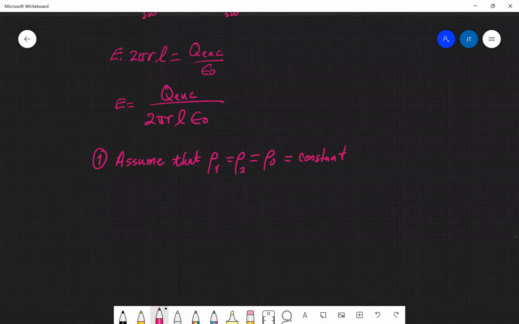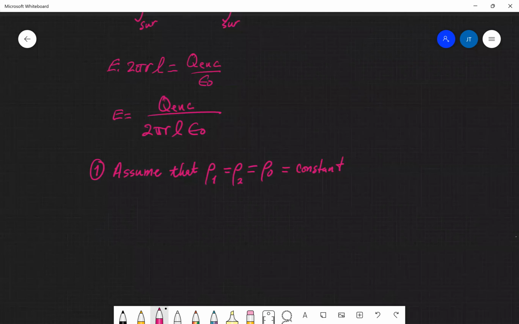So now, what is the electric field in each of the regions? So part A, I'm inside the cylinder. Here's my cylinder of radius capital R1.